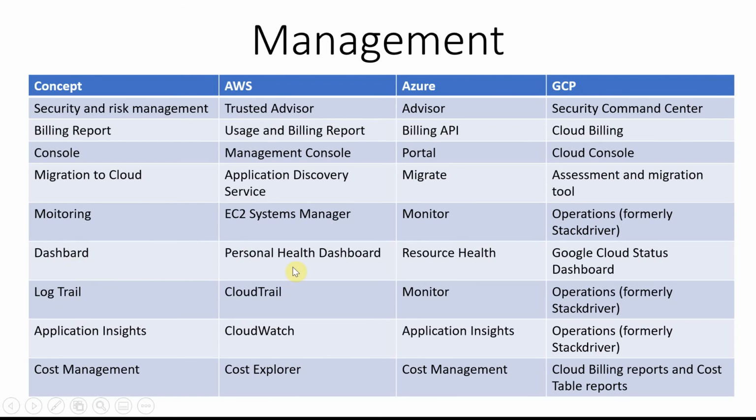Dashboard: you want to see the dashboard, primarily the health of your components, because cloud components can also go down because of network issues or a data center being down. So you want to see the health of your cloud resources itself. All these vendors have dashboards: AWS has the Personal Health Dashboard, Azure has Resource Health, and GCP has the GCP cloud status dashboard.